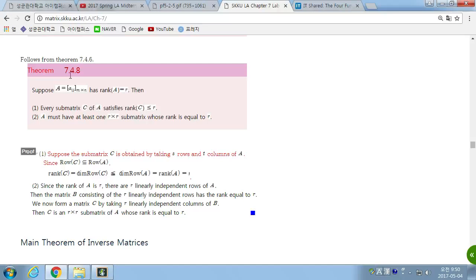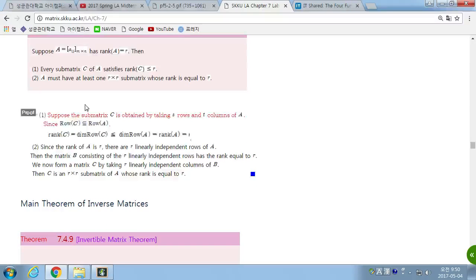Proof of 7.48. Suppose A has a rank R, then every submatrix C of A satisfies rank of C is less than or equal to R. Okay? 행렬이 랭크 R이면 R보다 더 큰 랭크를 가진 서브매트릭스를 가질 수가 없는 거예요.